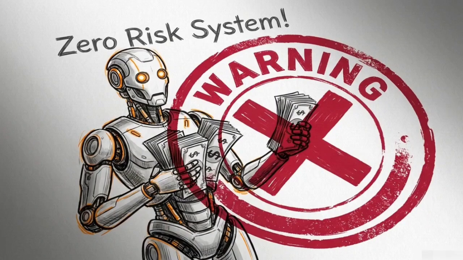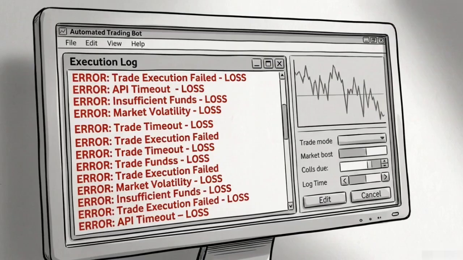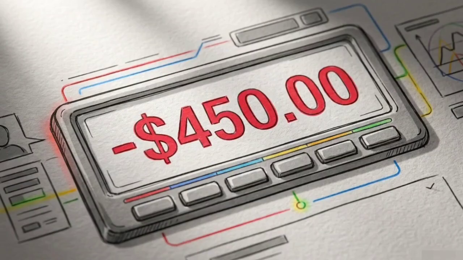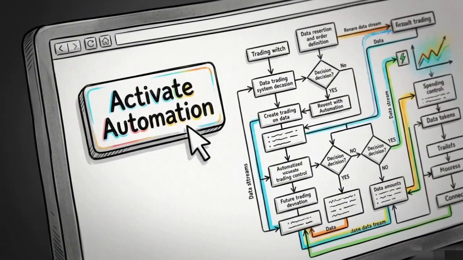If you plug a flawed, untested strategy into an automated bot, the AI will not correct your logic. It will simply execute losing trades faster, draining your account balance without any human intervention. Automation amplifies the quality of your underlying strategy. That is why testing your rules extensively on a demo or paper trading account is a mandatory safety net.